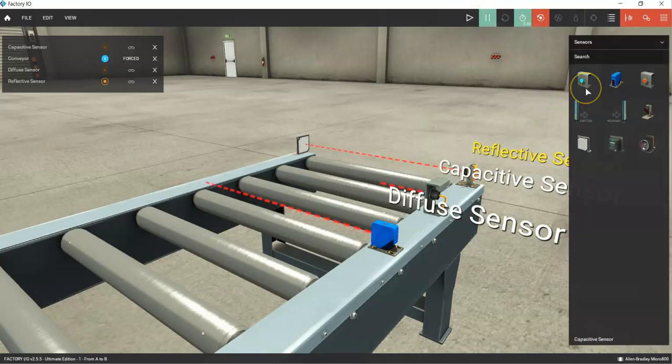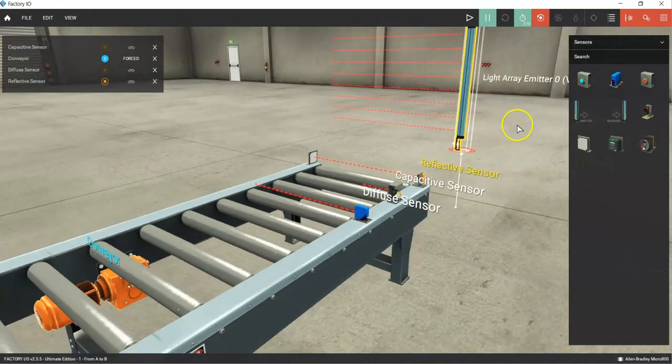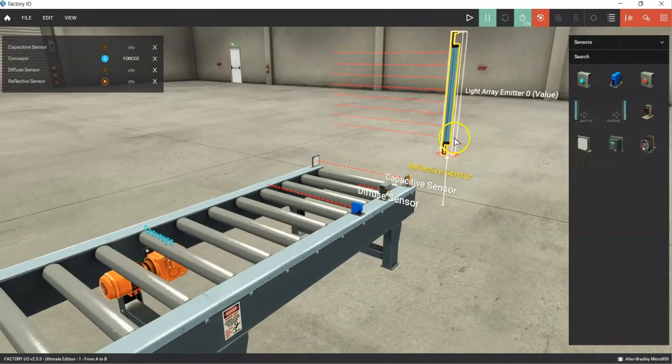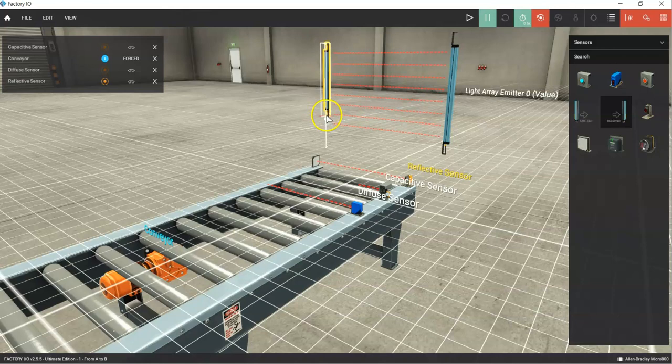So there are a few other sensors here that we could consider in the application. There's a vision sensor. This is a camera, so it's a more high-tech sensor than we need for this type of detection. There's also these light arrays, which if I were to put one in here, you'll see that this is more like a light curtain. So it's an array of light that would line up to a receiver module on this end.